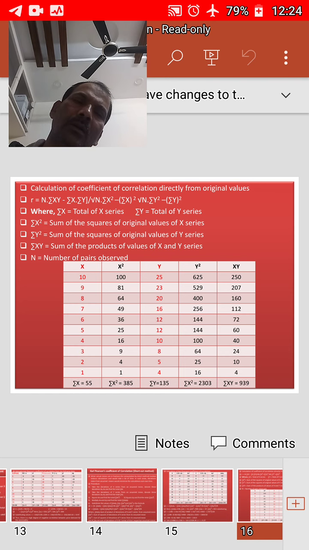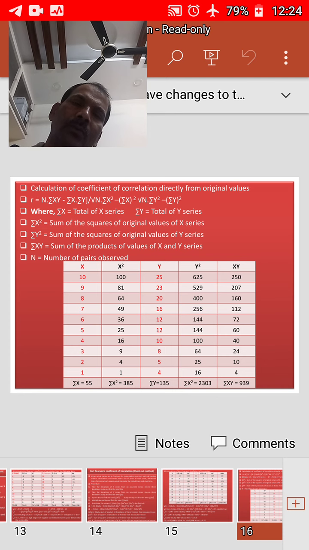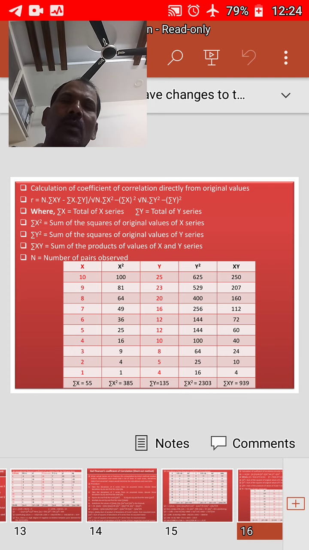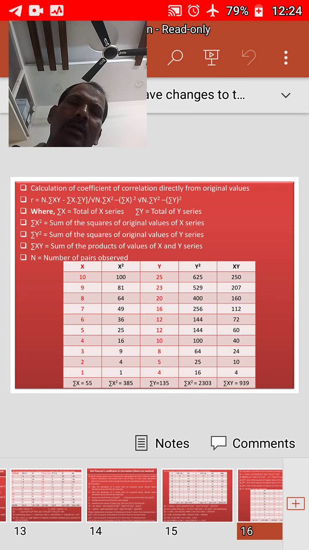We square the values of y: 25 whole square is 625, 23 whole square is 529, 20 whole square is 400, 16 whole square is 256, 12 whole square is 144, and 12 whole square is 144, 10 whole square is 100, 8 whole square is 64, 5 whole square is 25, and 4 whole square is 16. If you add these, sigma y square is equal to 2303.